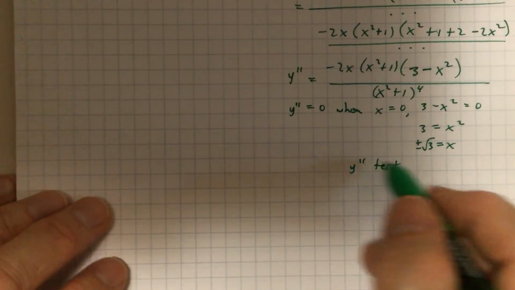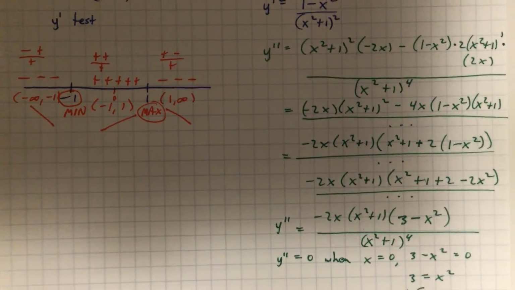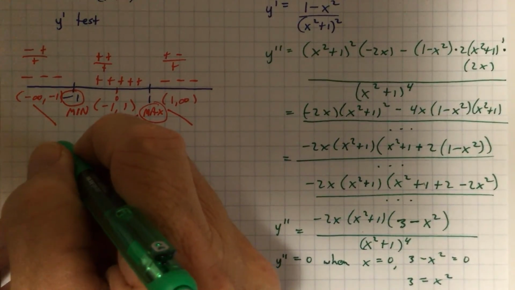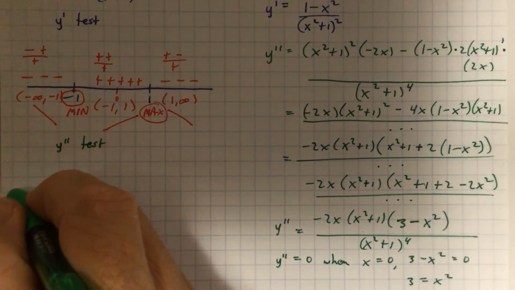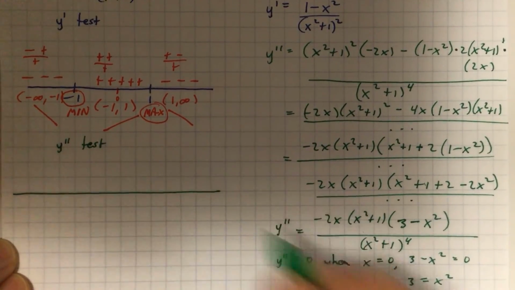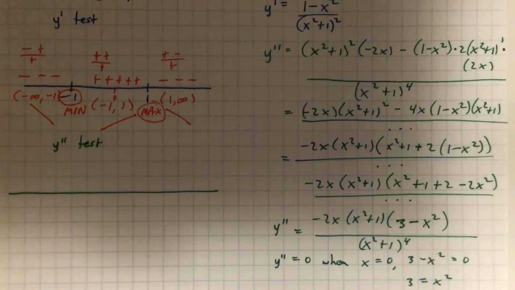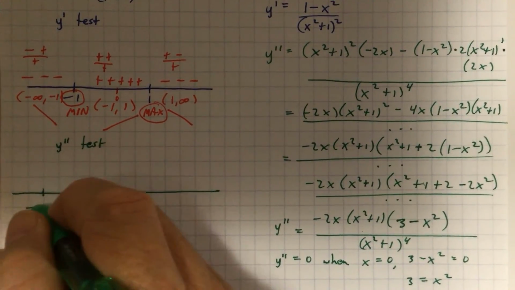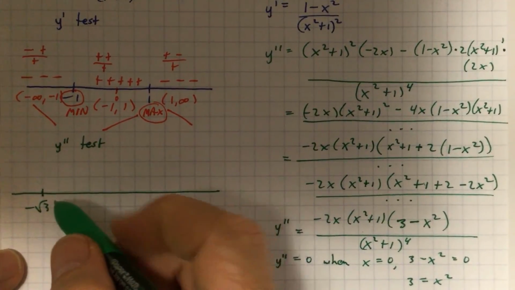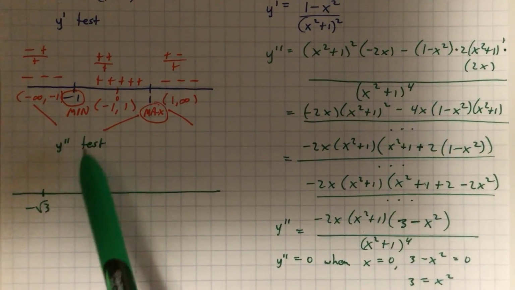Let's do that over here, because we can relate that to the y prime test. Now we have 3 critical points for y double prime. I'm going to write these numbers down in relation to the y prime test.